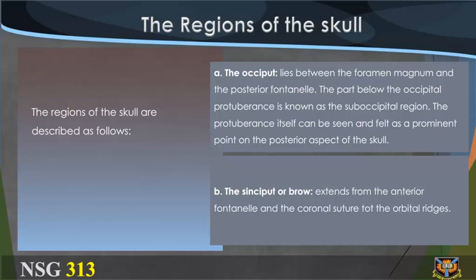The protuberance itself can be seen and felt as a prominent point on the posterior aspect of the skull. B. The sinciput or brow extends from the anterior fontanelle and the coronal suture toward the orbital ridges.